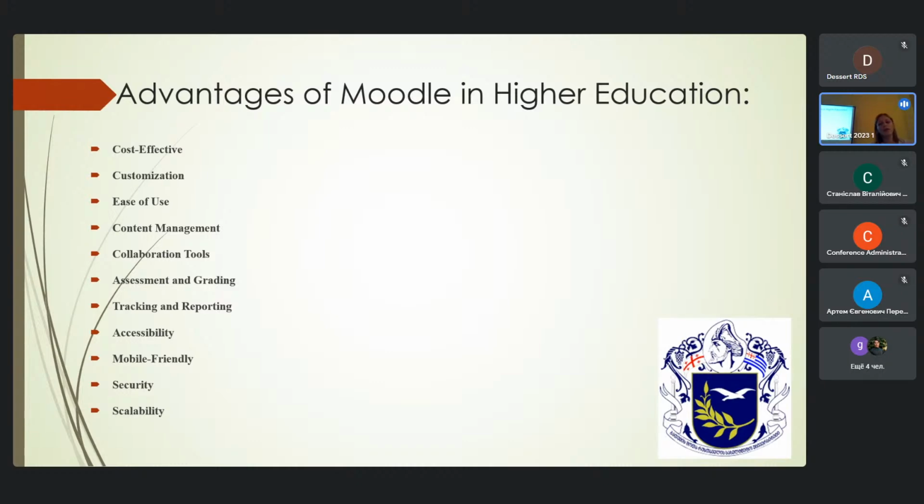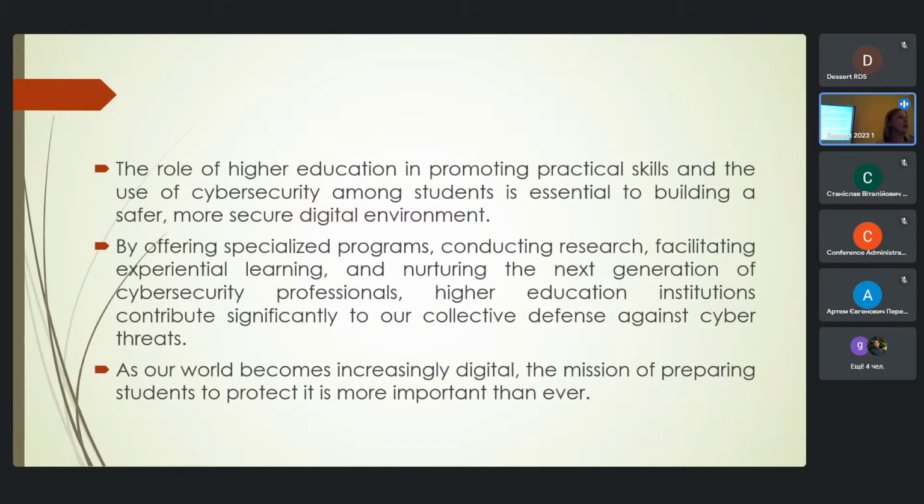Thus, Moodle, we can finalize it as a powerful and user-friendly learning management system that offers numerous advantages in higher education. As I mentioned, it's cost-effective, customized, easy to use, and it offers a wide range of features, making it a valuable tool for educators and students alike.